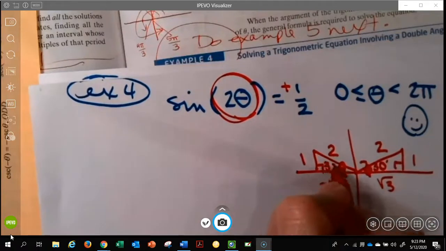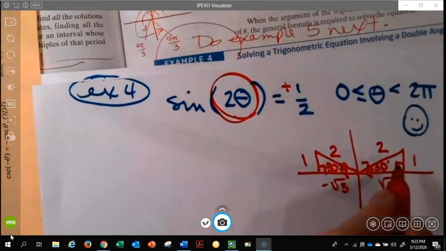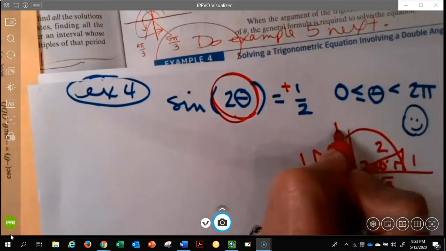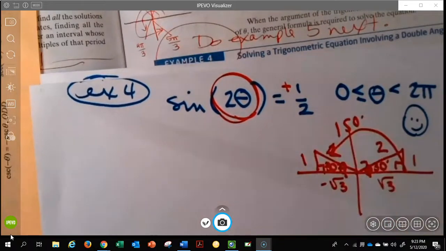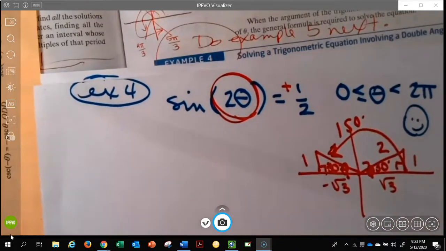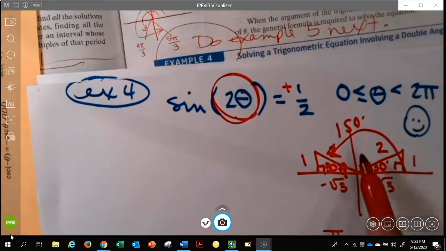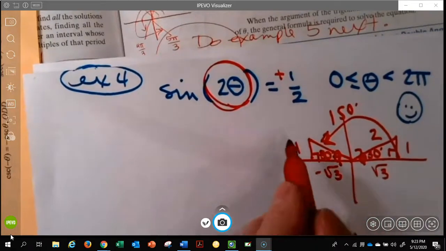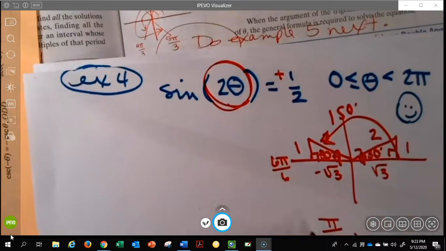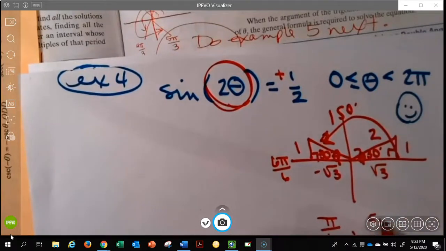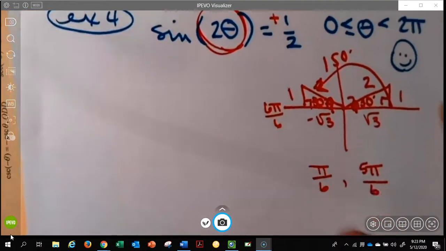If it's 30 there, it's going to be 30 here, which is more accurately 150 degrees. Well, we're not supposed to be writing them in degrees. We're supposed to be writing them in radians. So 30 is pi over 6, and for 150, I went all the way around to pi, which is 6 pi over 6, and I backed off 1. So that's going to put me at 5 pi over 6.